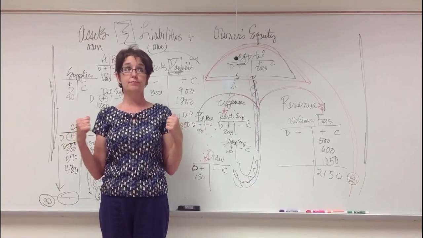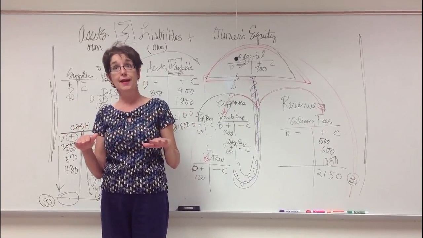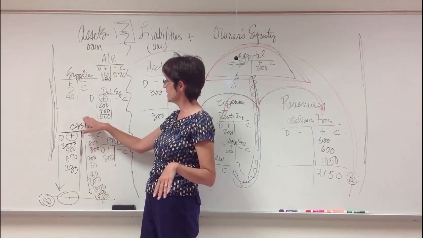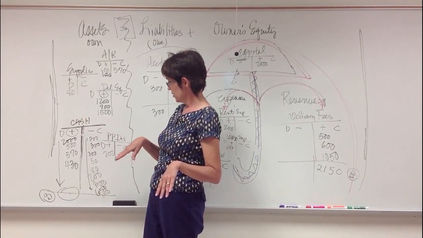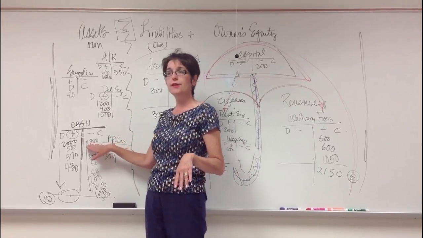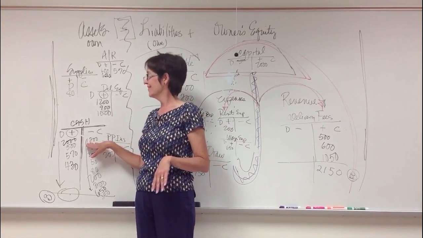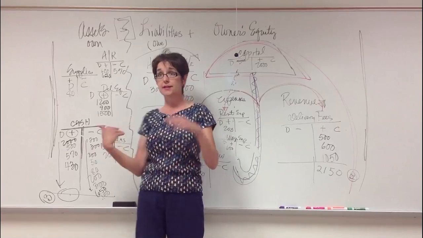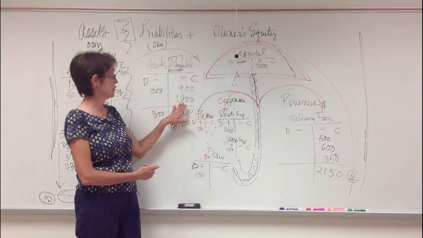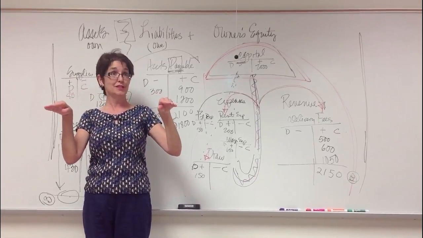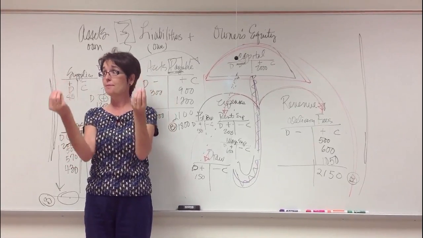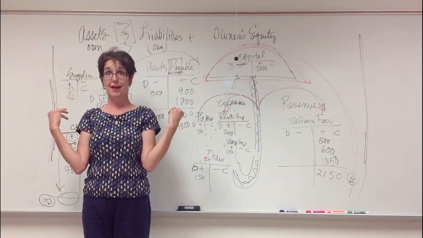Now, it could be that it's the wrong number that you're balancing to, because if I had written down $200 instead of $1,200 here, and I had also done it on the opposite side, $200 instead of $1,200 here, I would balance. My debits would still equal my credits, because I made that same mistake on both sides.